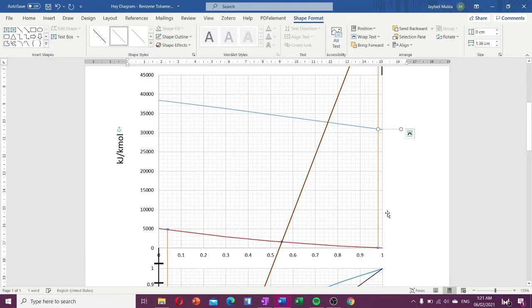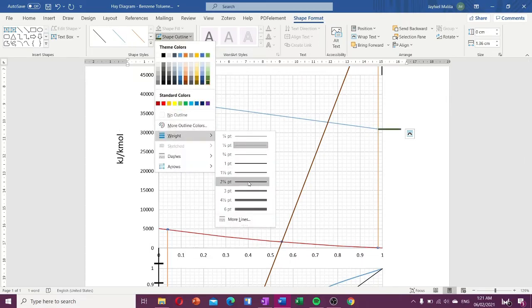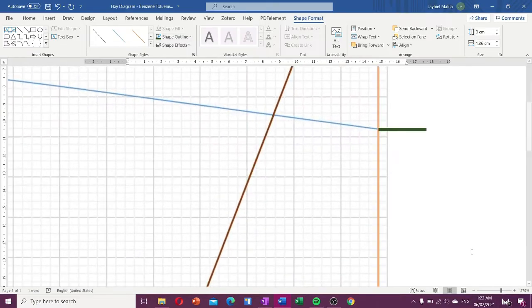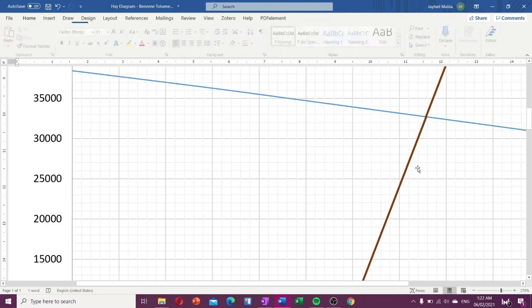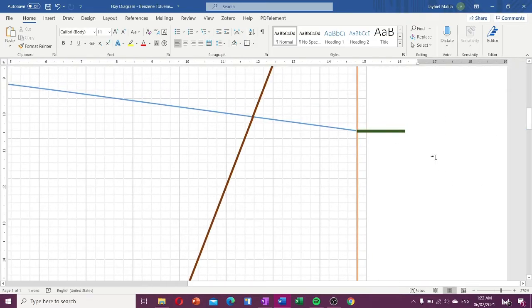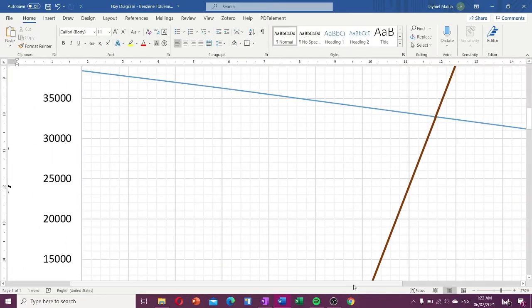It has the same molar composition as the distillate, just in vapor form. That's why it lies at the same vertical line as the distillate, because it has the same composition. It's just that it's in vapor form, since it has not passed the condenser yet.